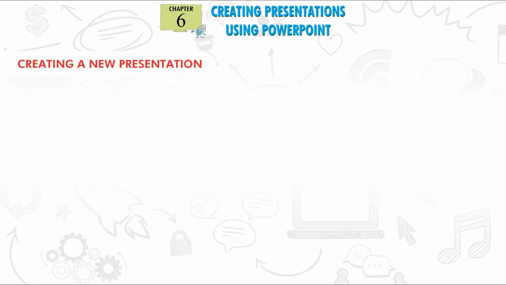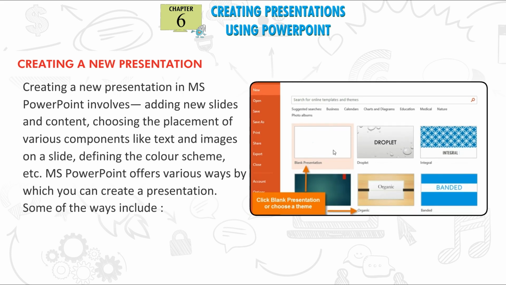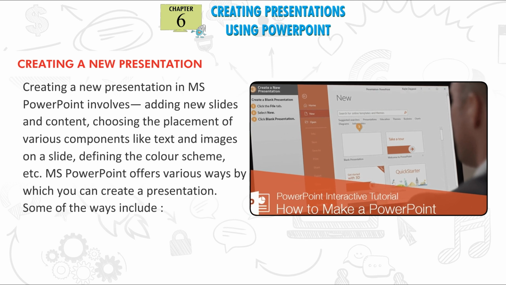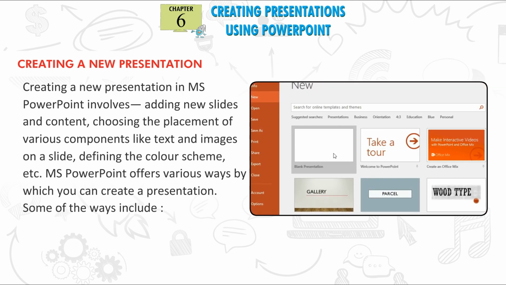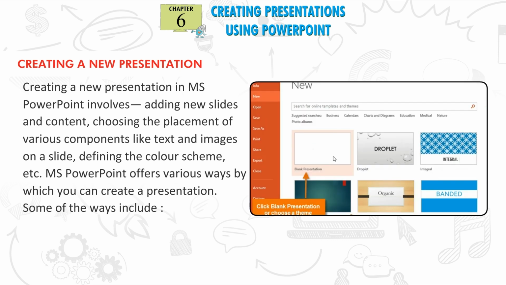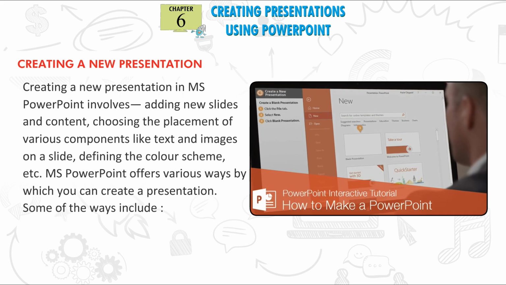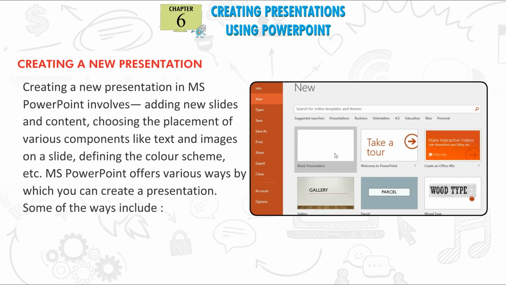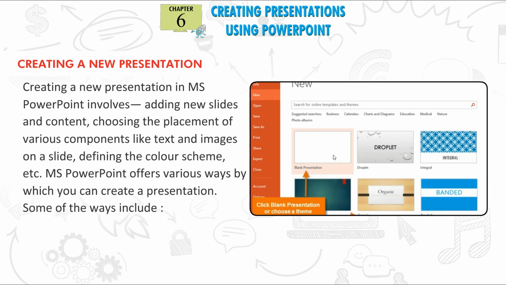Creating a new presentation. Creating a new presentation in MS PowerPoint involves adding new slides and content, choosing the placement of various components like text and images on a slide, defining the color scheme, etc. MS PowerPoint offers various ways by which you can create a presentation.